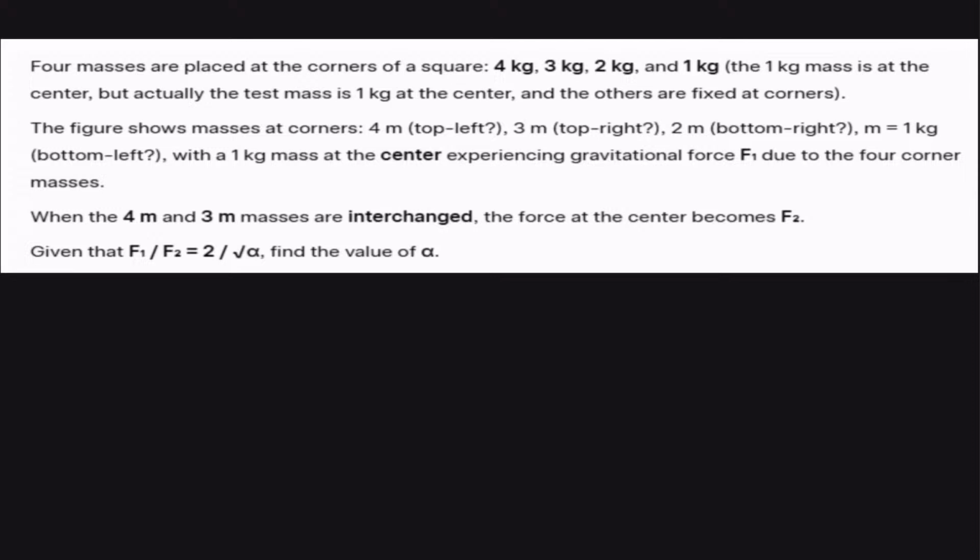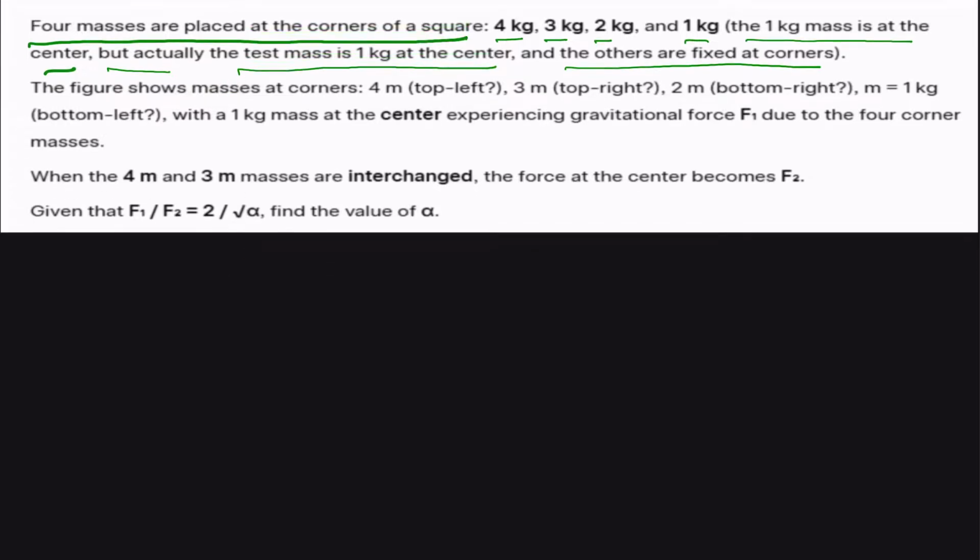And in this question, 4 masses are placed at the corners, 4 kg, 3 kg, 2 kg and 1 kg. Actually the test mass is 1 kg at the center and the other masses are fixed at the corners. The figure shows masses at the corners as 4, 3, 2, 1 kg with a 1 kg mass at the center experiencing gravitational force F1 due to the 4 corner masses.